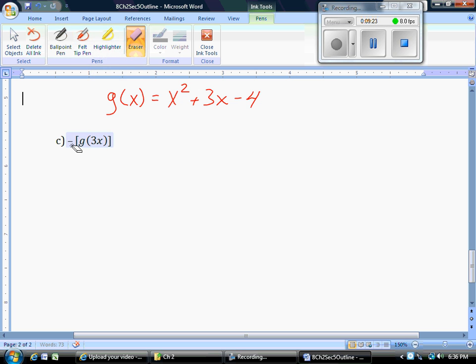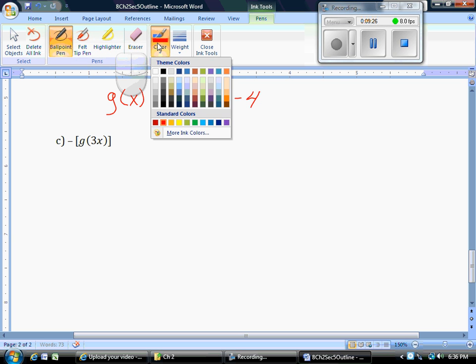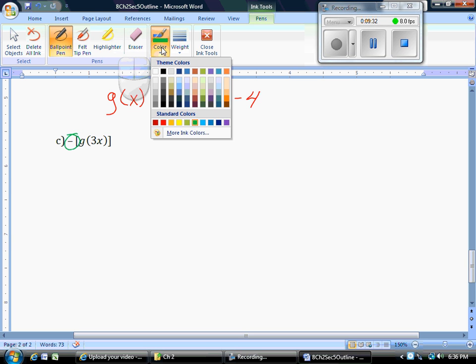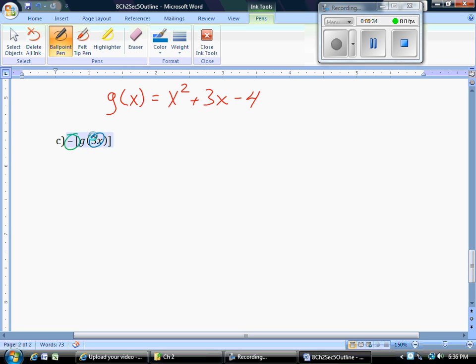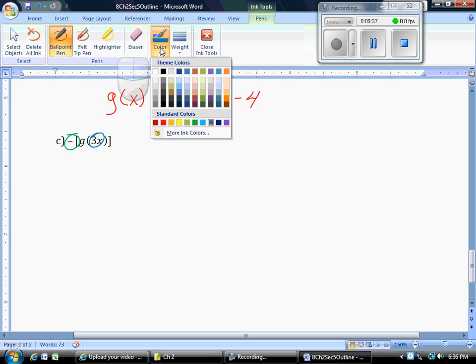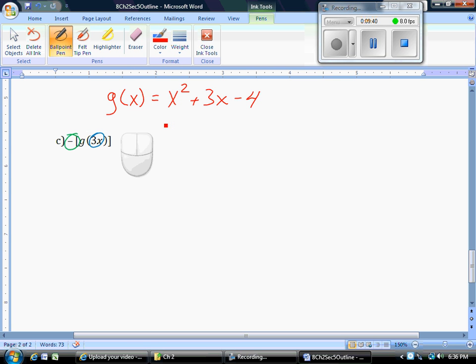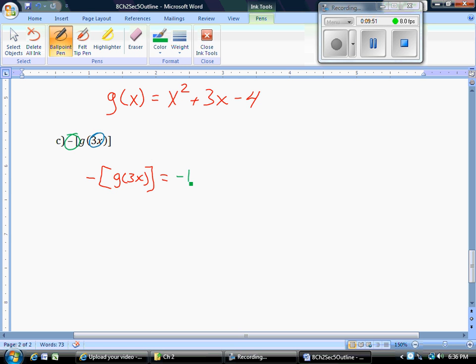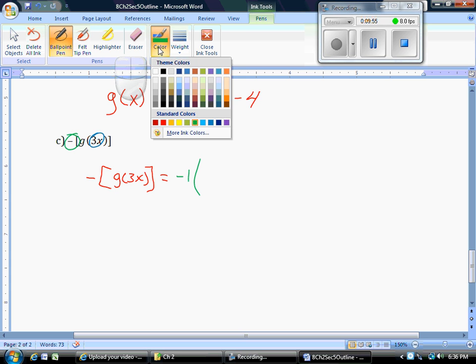Okay? So let's go ahead and color code this a little bit so we can have a better idea of what we're doing. We have the negative 1, and we have the 3x going in. All right? So let's find the negative of g of 3 of x. We're going to start with our negative 1 on the outside times the inside.